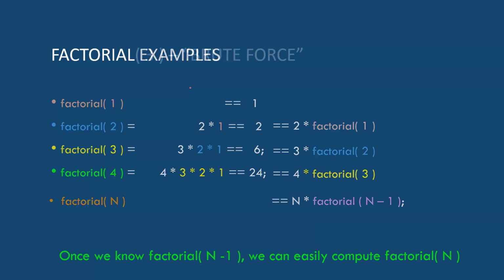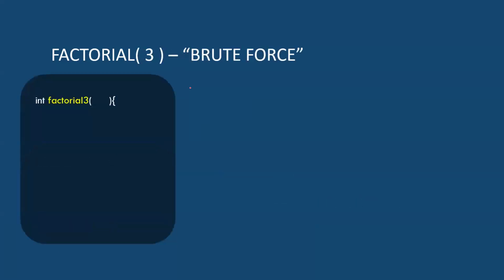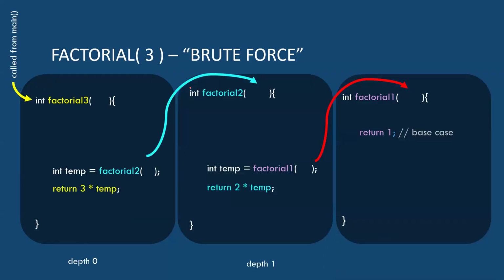Okay. But let's take a look at what is happening in memory. This is the important part. So let's just say that I wrote 3 functions, one called factorial 3, one called factorial of 2, and one called factorial of 1. And I try to calculate the factorial of 3. So many of you would probably know at this point in your coding that the factorial of 3 function waits around for the factorial of 2 function.